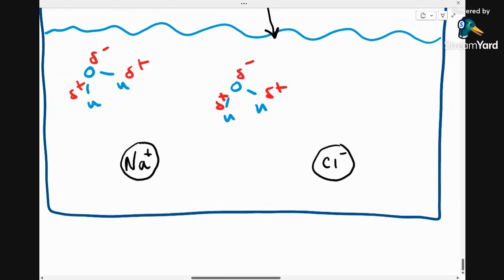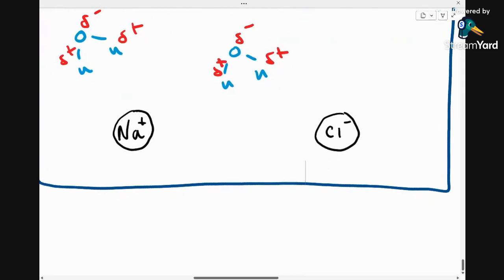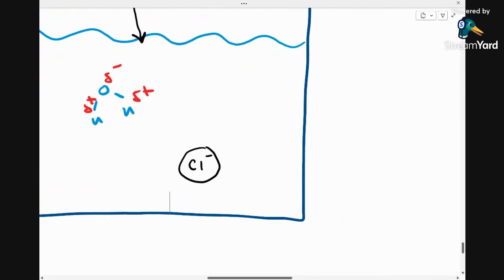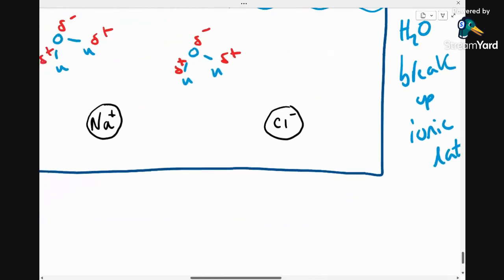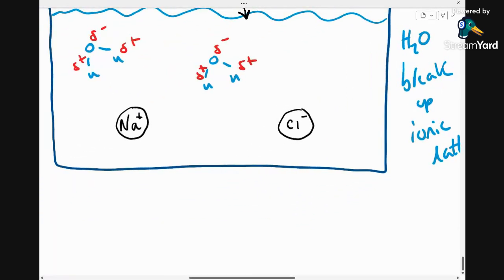Because these are charged, these are polar, they're the extreme of being polar, they're ions, the water molecules can surround them. The water molecules actually break them up. So the water molecules break up the ionic lattice. And this is because they have delta charges, they're polar.